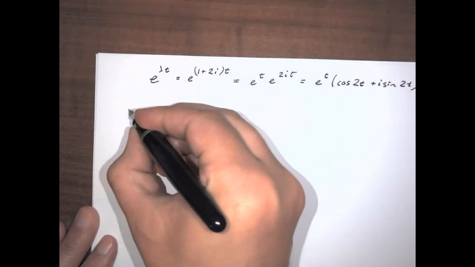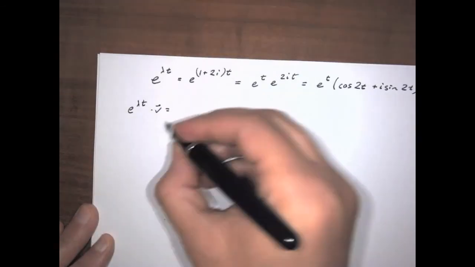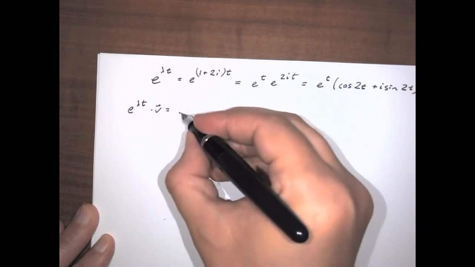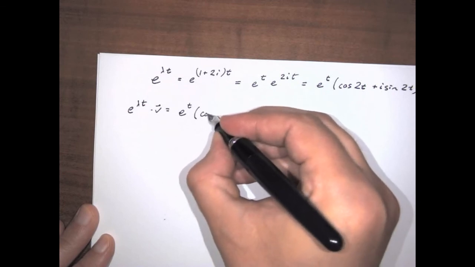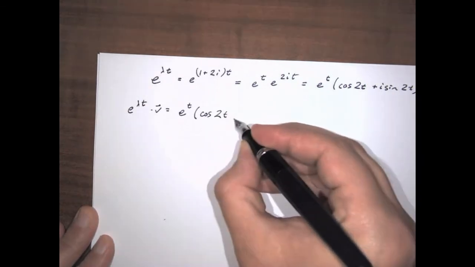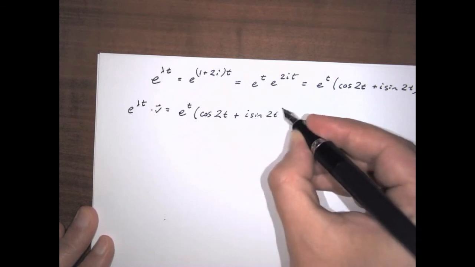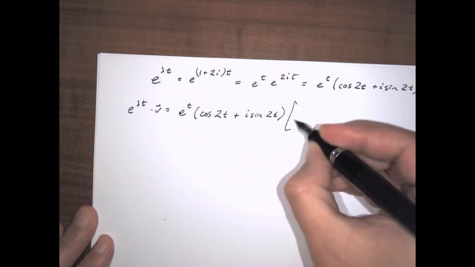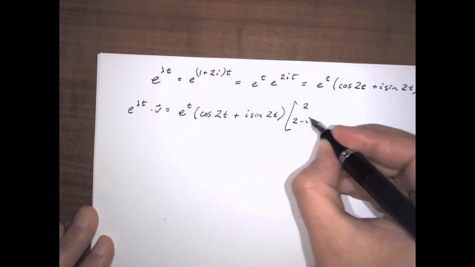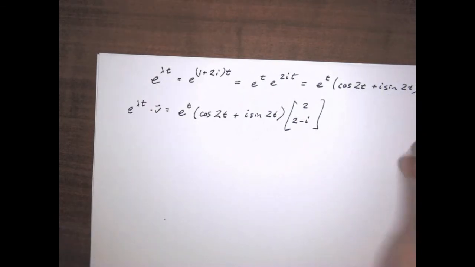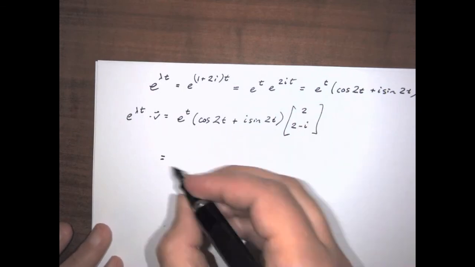And so then e to the lambda t times v is going to give us e to the t (cosine 2t plus i sine 2t) times 2 and then 2 minus i, which on the top is not going to be a problem, but on the bottom is going to be a little awkward.